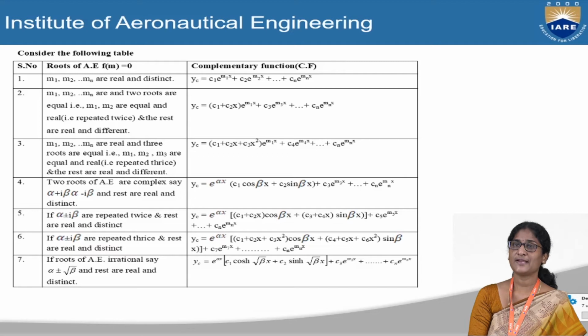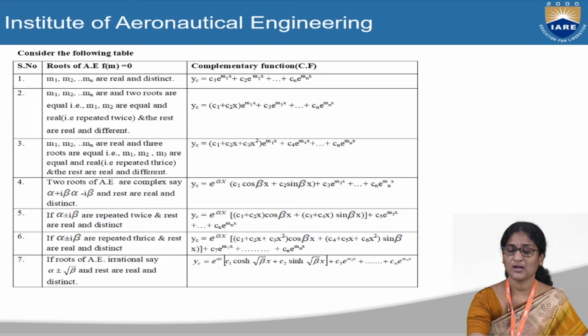So how to write the complementary function? The number of constants appearing in the solution should be equal to the order of the differential equation. Here, in all these, C1, C2, C3 are the constants. So the number of these constants should be equal to the order of the differential equation.